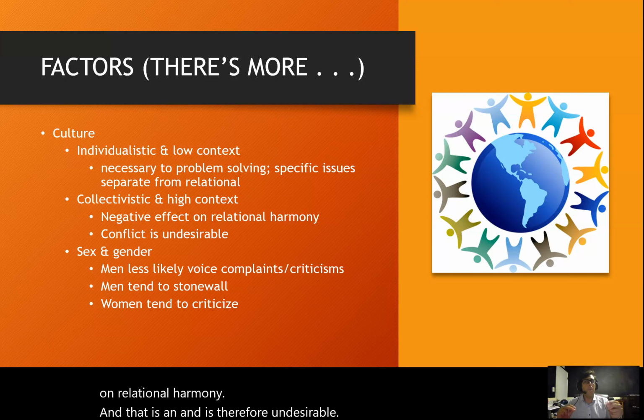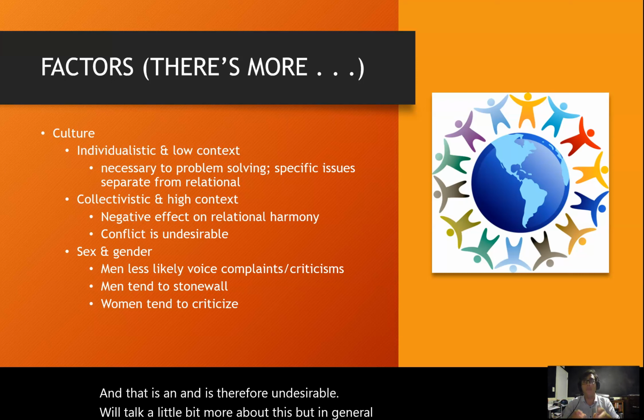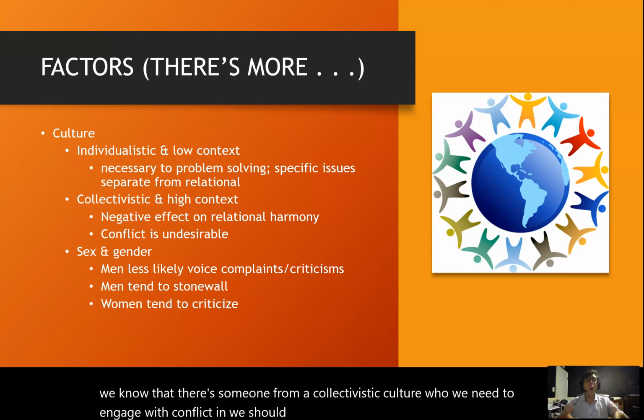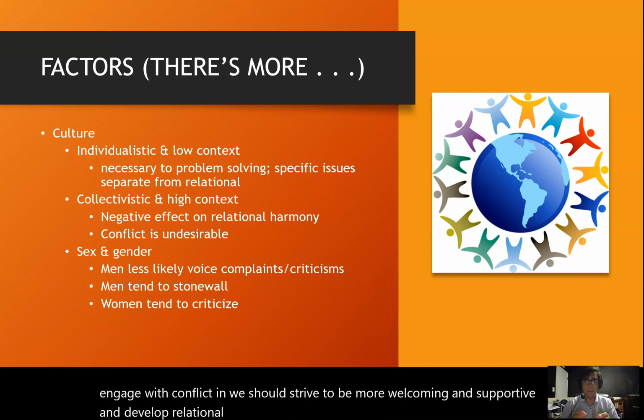We'll talk a little bit more about this, but in general, when we know that there's someone from a collectivistic culture who we need to engage with conflict in, we should strive to be more welcoming and supportive and develop relational harmony while discussing this conflict situation.